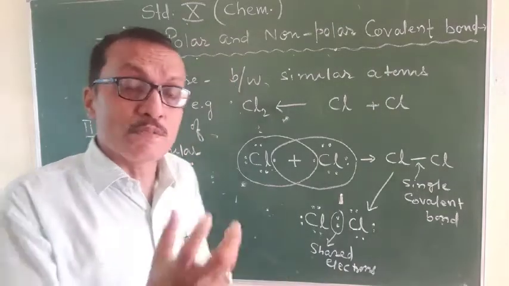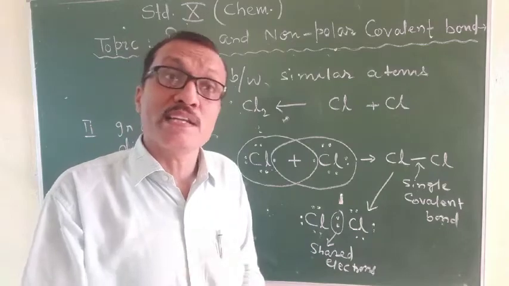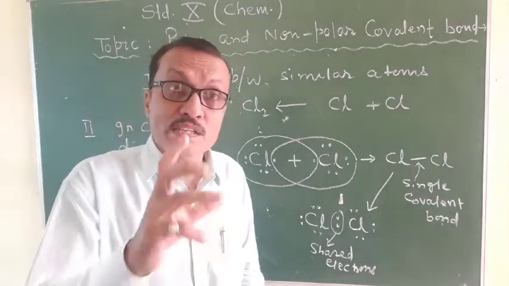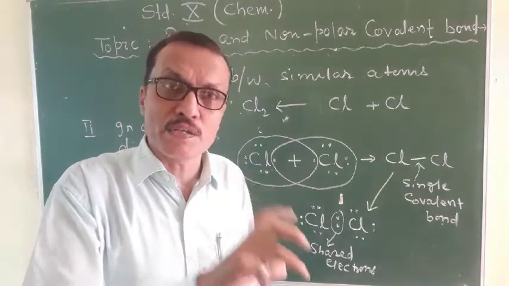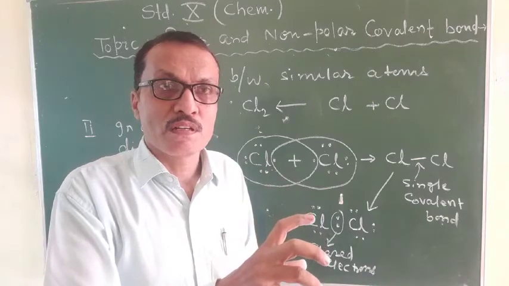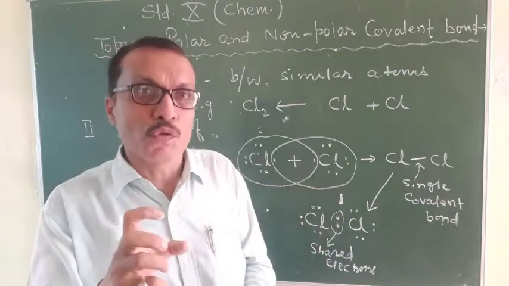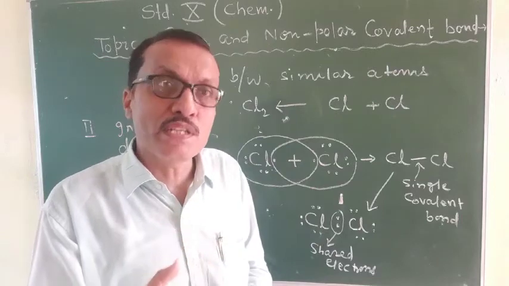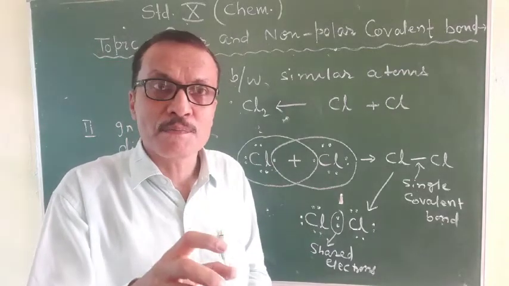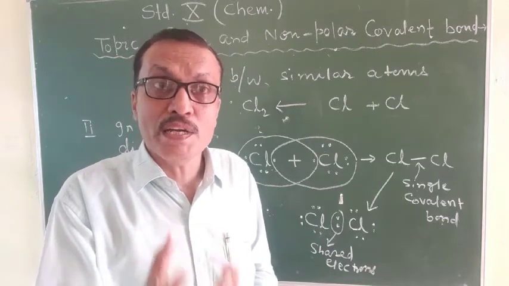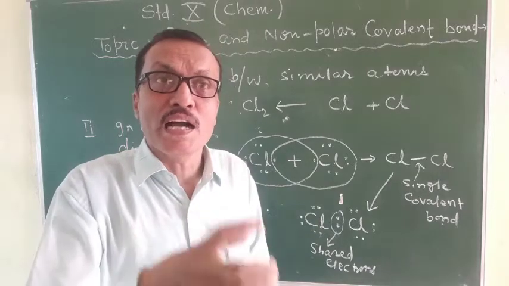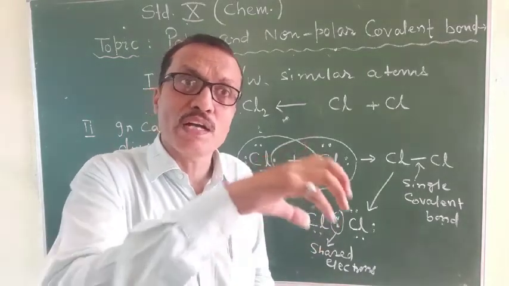Chlorine here is more electronegative than hydrogen. So what happens? The shared electrons between hydrogen and chlorine are displaced more towards the chlorine atom, which results in developing a pole on the chlorine atom as well as on the hydrogen atom.